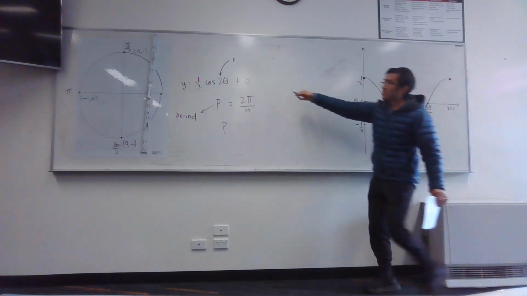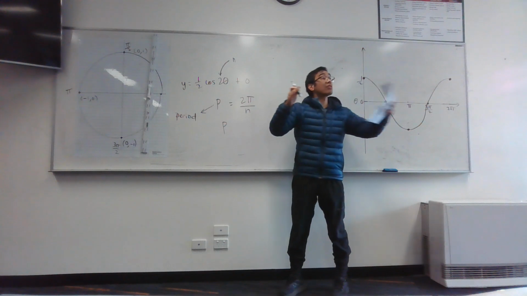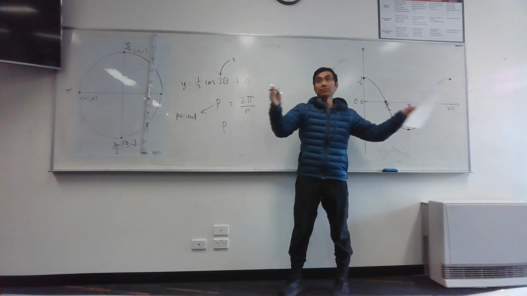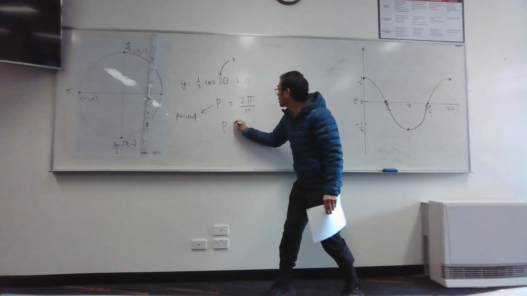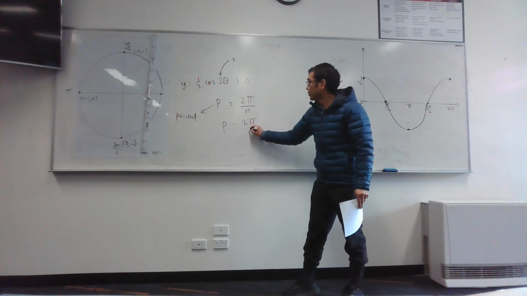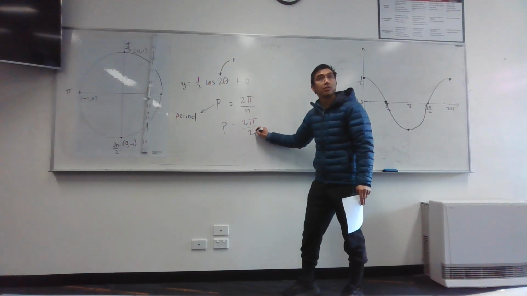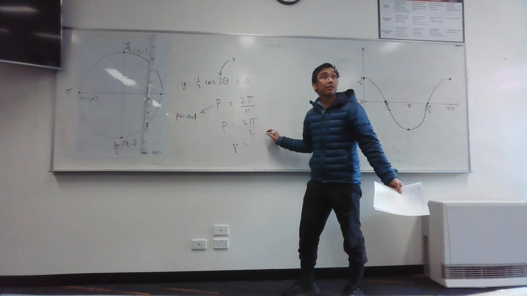But this number, this N, affects the length of our wave in a way. It kind of stretches it this way. Have a look carefully. If I put that in here, my N is a 2. Therefore, my period is what? Length.